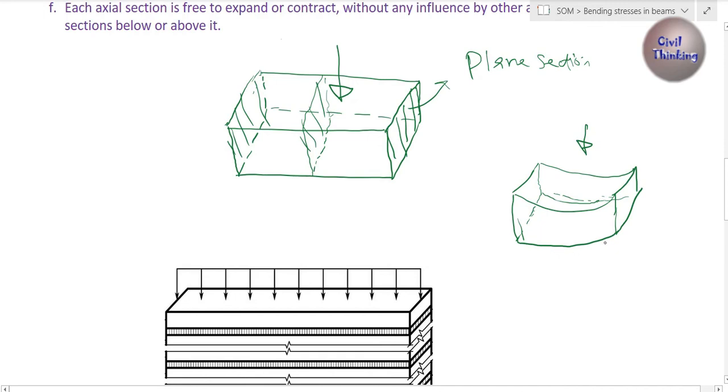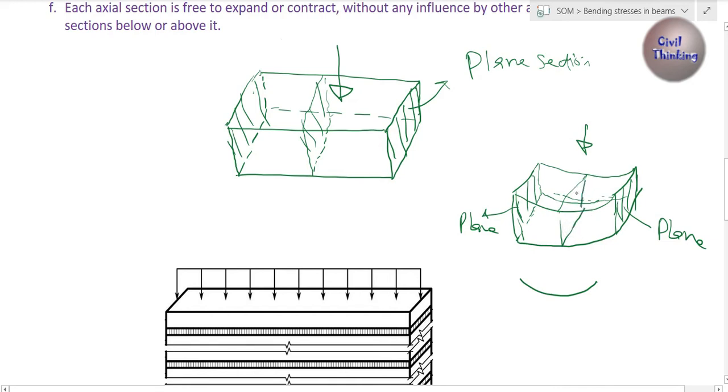Now again, this section, although it will bend, this cross section is again plane, and in fact any cross sectional plane in any part of this beam is assumed to stay planar.